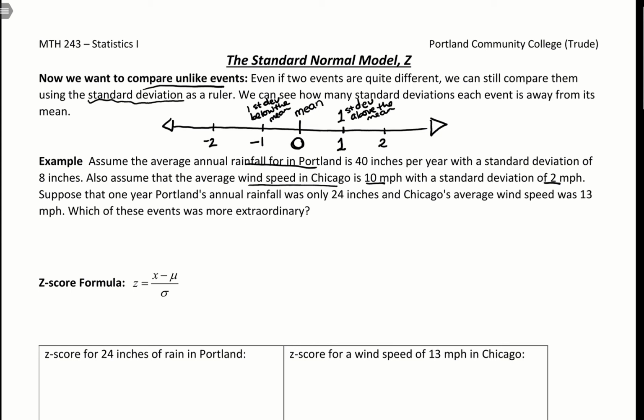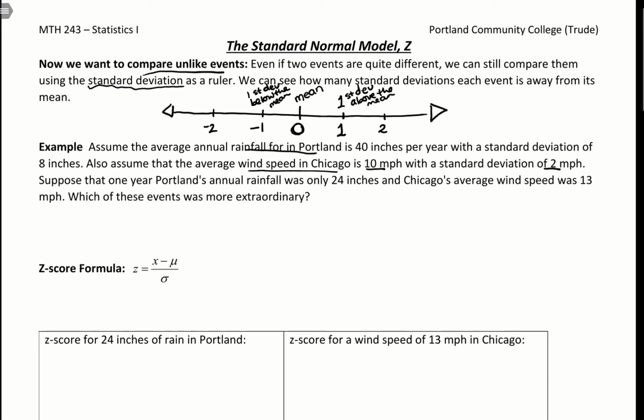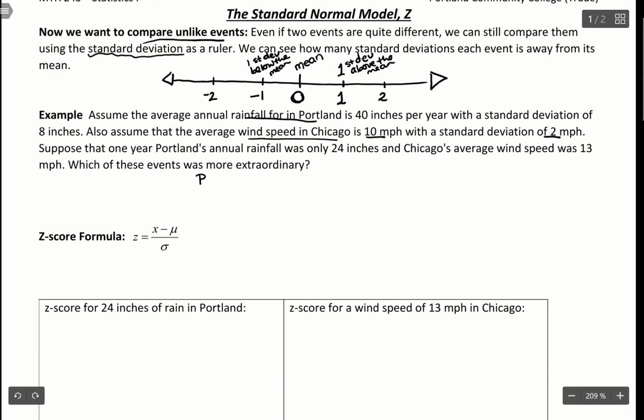So let's see how this works out with Portland and Chicago. So with Portland, they tell us we have an average rainfall of 40 and standard deviation of 8. And then Chicago has wind speed of an average of 10 miles per hour, standard deviation of 2.